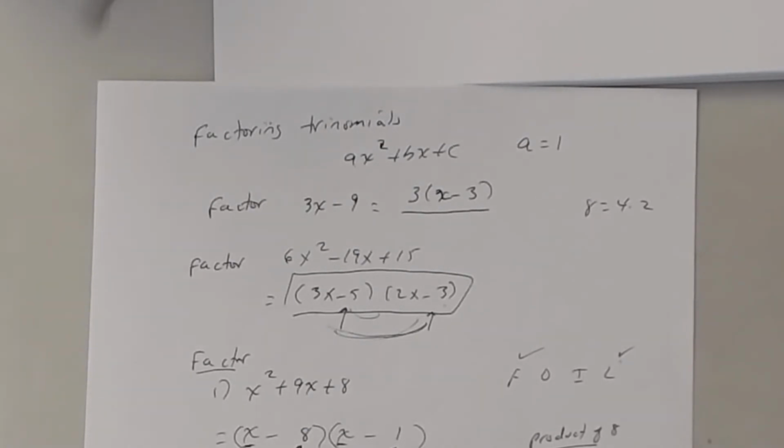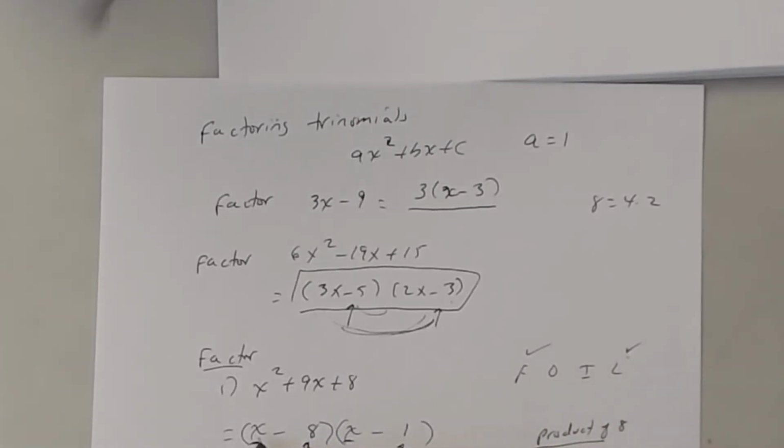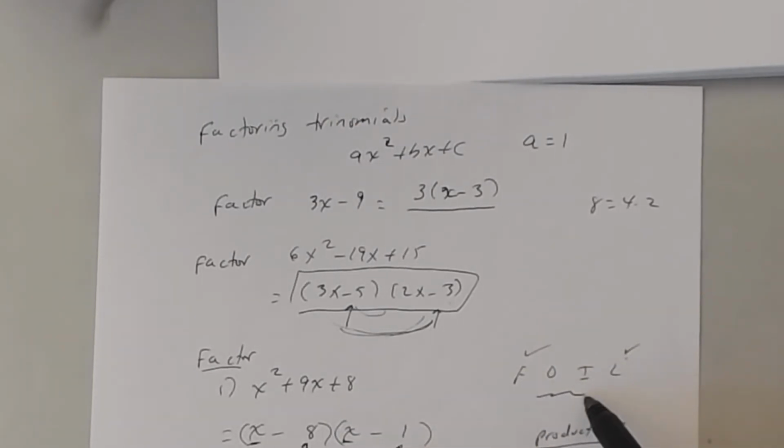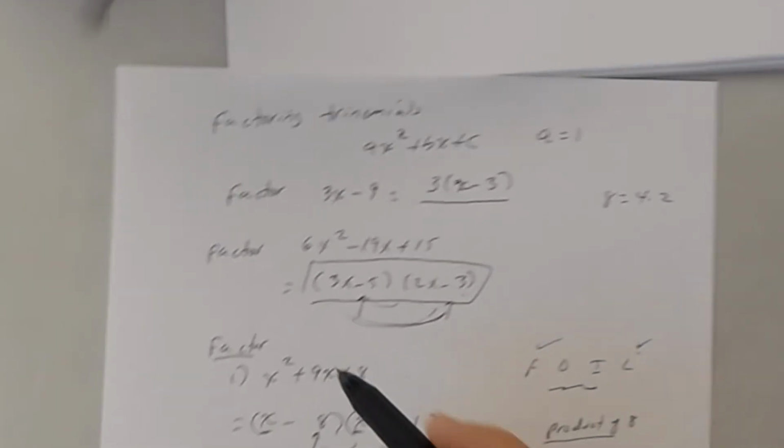If you had taken the time and foiled it out, you would have seen that something is wrong here. What's x times x? X squared. So my F is okay. Let's look at the last. What's the negative 8 times the negative 1? My last is okay.